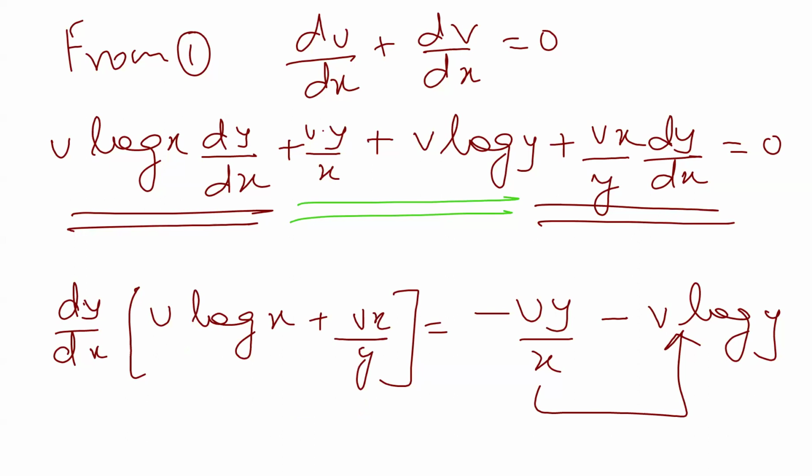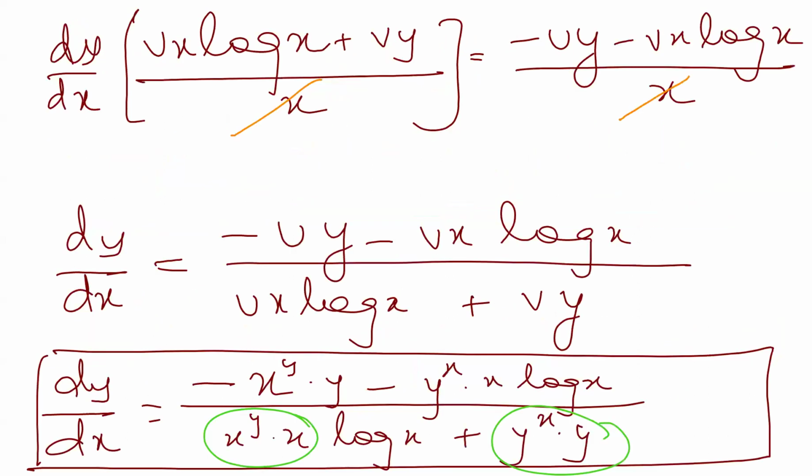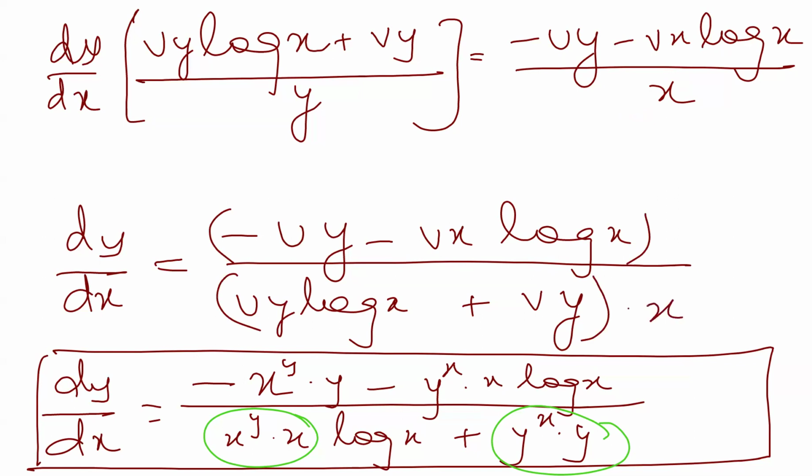So it will be uy log x upon y. So this will be y over here. Now this will be multiplied with x, and this will be multiplied with y.